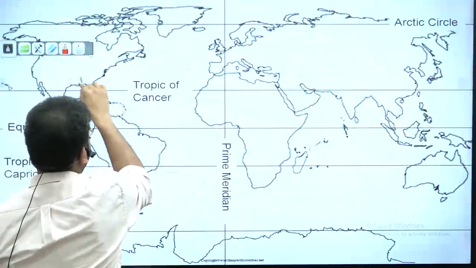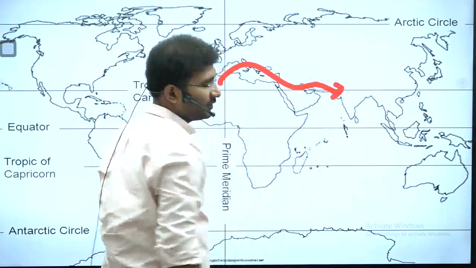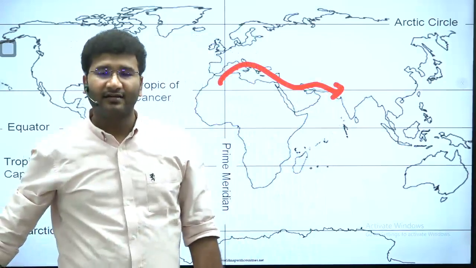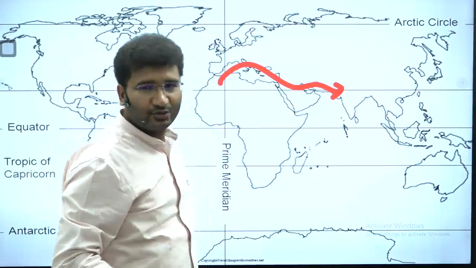This is your jet stream, which is bringing in western disturbances. And the disasters of Kullu, Manali, and Himachal Pradesh happened in which month? June, July, August.